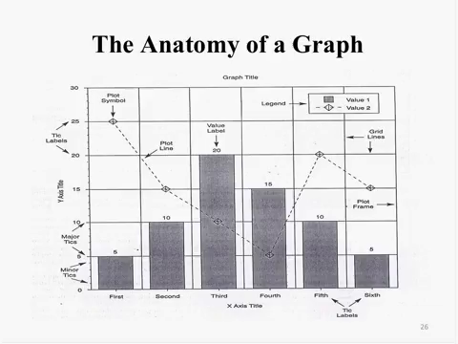Moving on to slide number 26. I tossed this in for the attorney's use. This is something that you could actually even use in court if you had to. If you're talking about statistical charts that you're going to be offering, and you want to educate the court and the jury as to the meaning of the chart you're about to present, you can use something like this anatomy of a graph to show what the graph means.